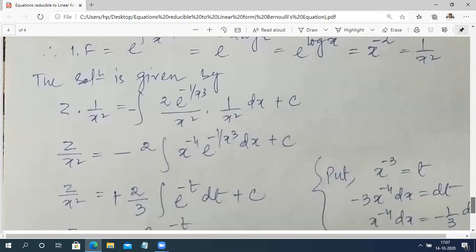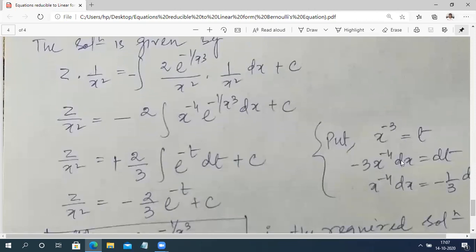So x raised to the power minus 4 dx will be minus 1 upon 3 dt.